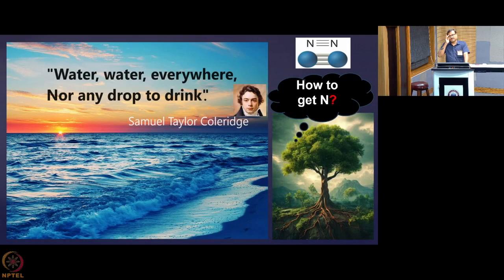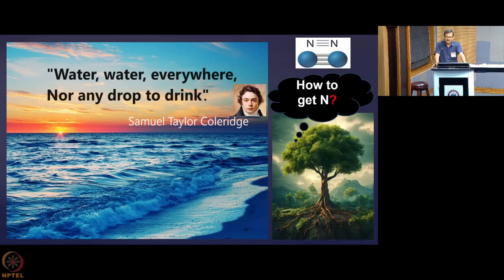You know, our environment is full of nitrogen gas. More than 70% of our atmosphere consists of nitrogen. And still, when a plant needs nitrogen, it cannot take it from the atmosphere. It is like Samuel Taylor Coleridge said in his poem about the ocean: water everywhere, nor any drop to drink.